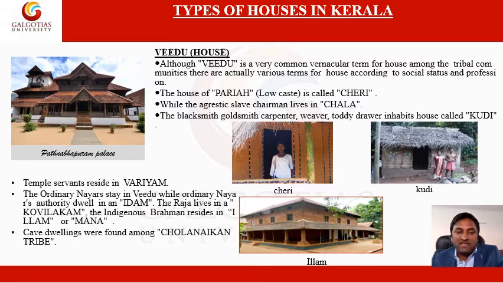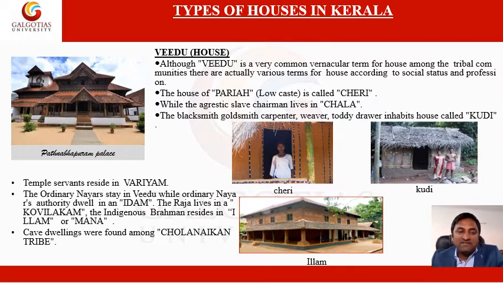Here we can see some glimpses of Cheri and Kudi. The temple servants reside in Variam. The ordinary Nairs stay in Veedu, meaning ordinary people stay in Veedu, and authority people dwell in the Idam.